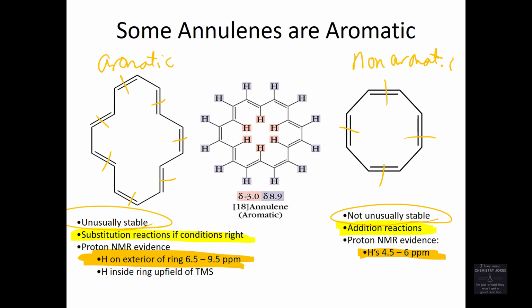It's really weird how different that becomes, but all of these exterior hydrogens appear in the aromatic region on a proton NMR. And all of those interior hydrogens, highlighted in kind of pink color, appear somewhere else. Aromaticity affects a lot of things. It's very strange.